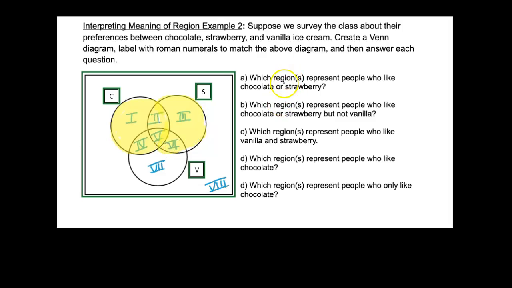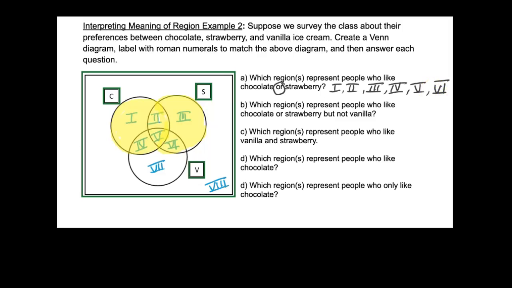When you're asked an or question, if your teacher said who likes chocolate or strawberry, chocolate lovers would raise their hand, people who only like strawberry would raise their hand, and people who like both would raise their hand. In any of those categories, you would raise your hand. So there are quite a few regions that apply here: region 1, region 2, region 3, region 4, region 5, and then region 6.